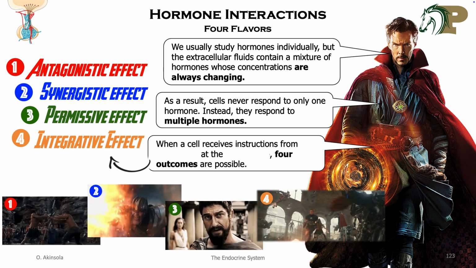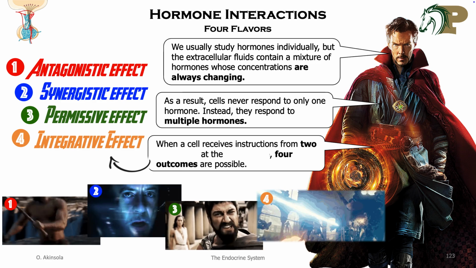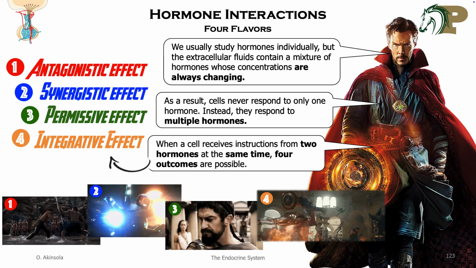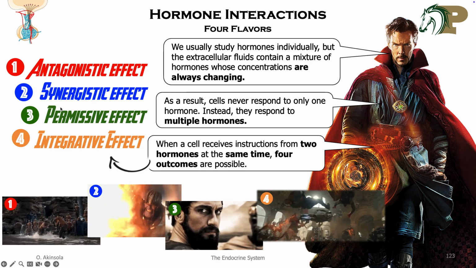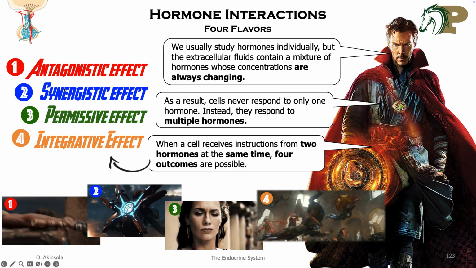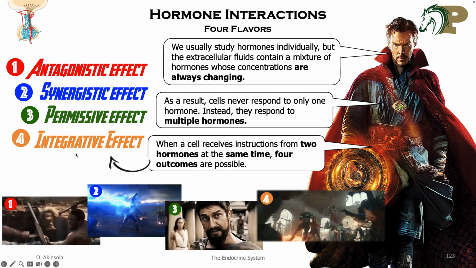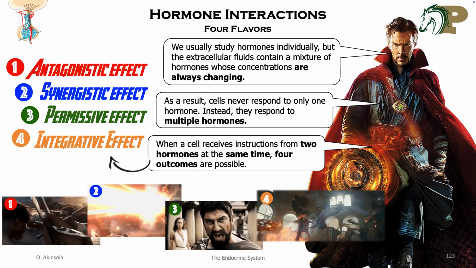When a cell receives instructions from 2 hormones at the same time, 4 outcomes are possible: antagonistic, synergistic, permissive, and integrative. We'll talk about each one of these.